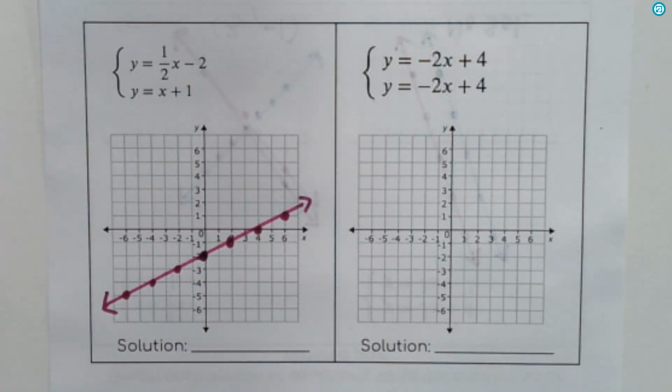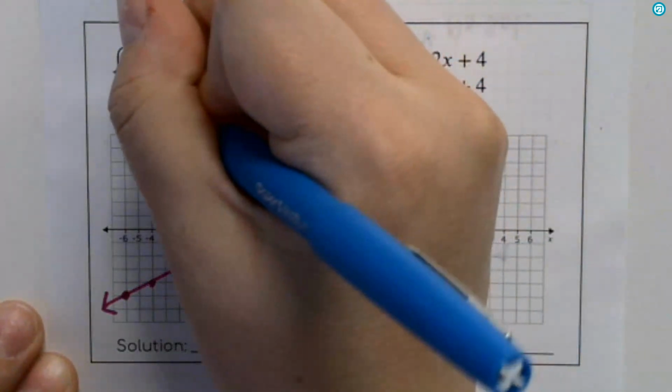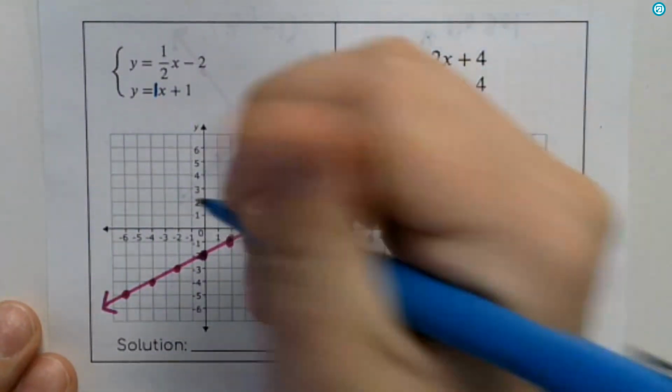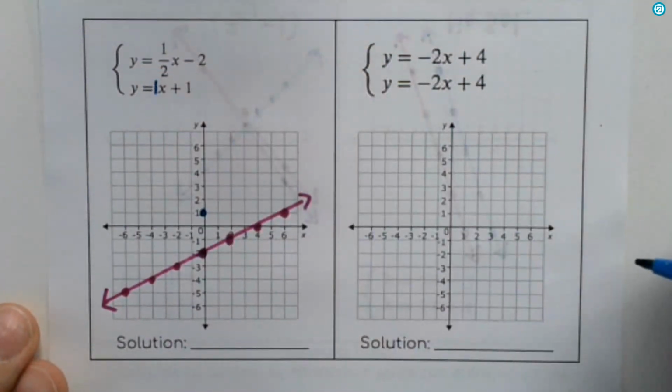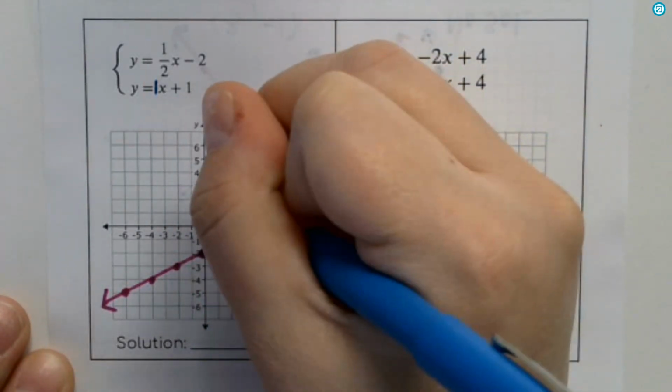Alright, then I want to start working on my other line. So my other line is y equals x plus 1. We already discussed if there's no number in front of x, it's an imaginary 1. So I'm going to start at a y-intercept of 1, and I'm going to graph a slope of 1. So I'm just going to start going up 1, right 1.